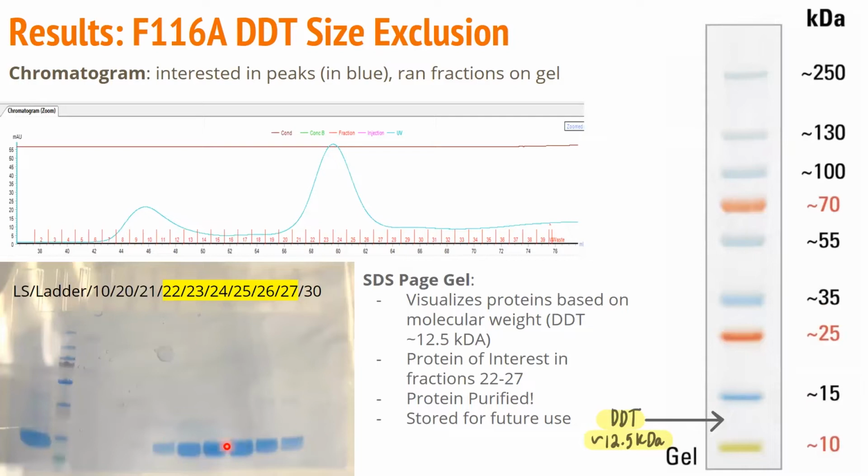Oh, you're talking about the horizontal line on the top? Oh, yes, this is the conductivity, so it's a measure, I believe, of the salt that we use for this purification. We did elute this protein at 15% of 20 millimolar Tris-HCl, 1 molar sodium chloride.